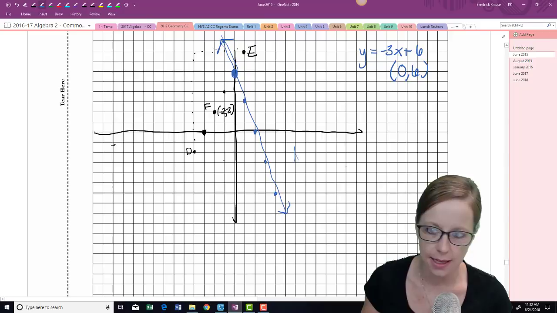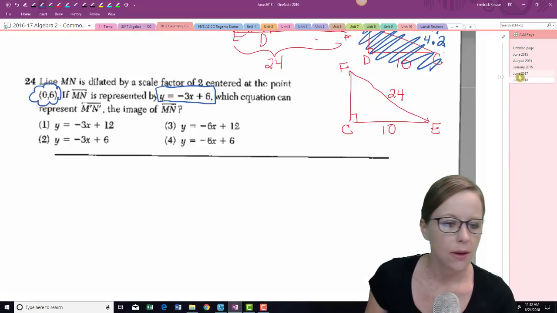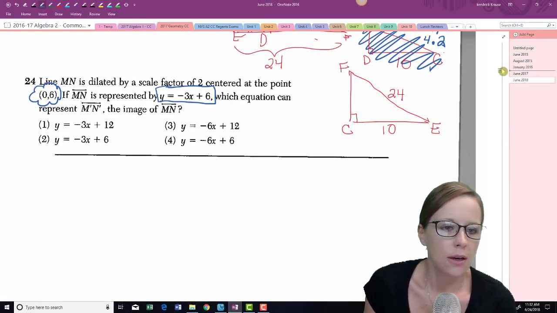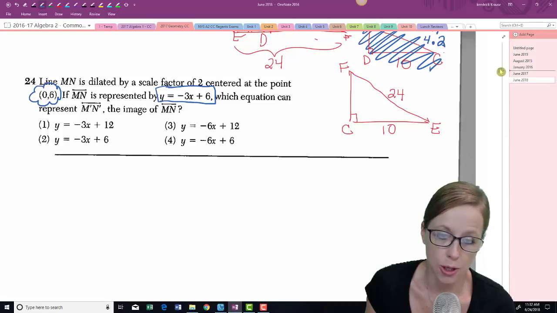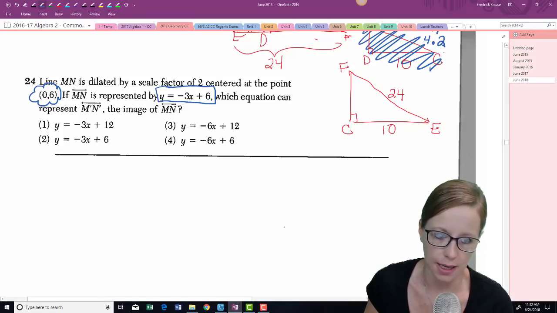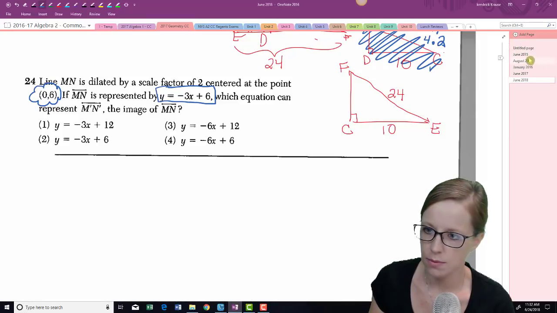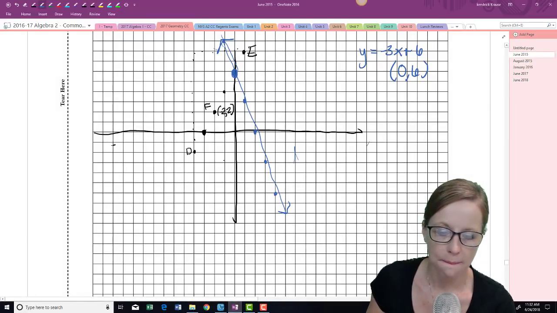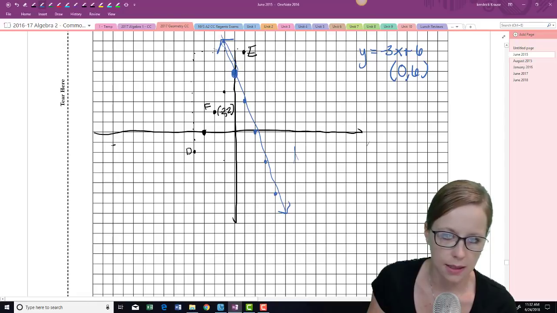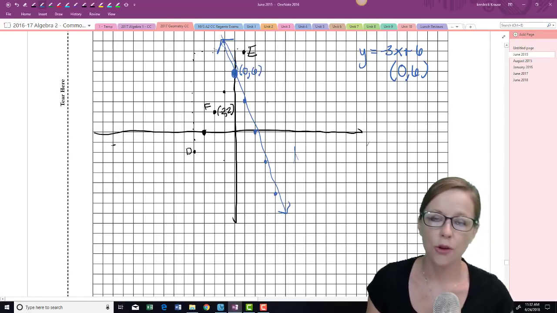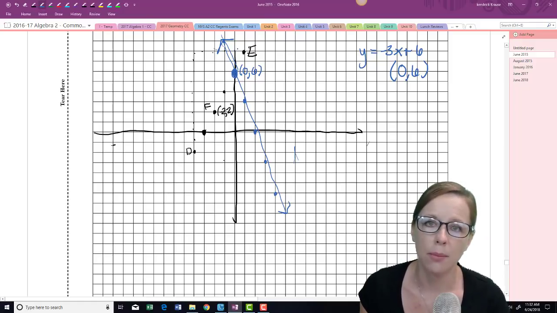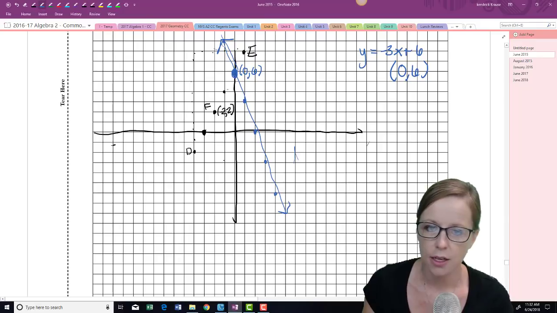All right, so it says, let me go back, dilated by a scale factor of 2, centered at the point (0, 6). (0, 6) is on the line. So if you are dilating a line by a point on the line, then it is the same line. It does nothing.